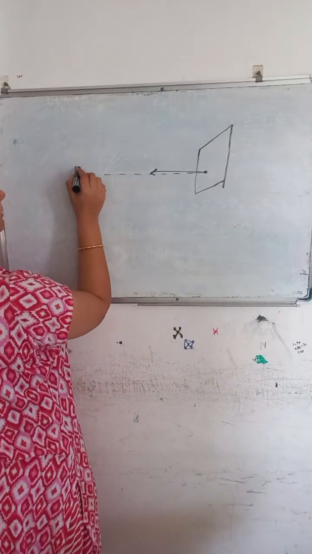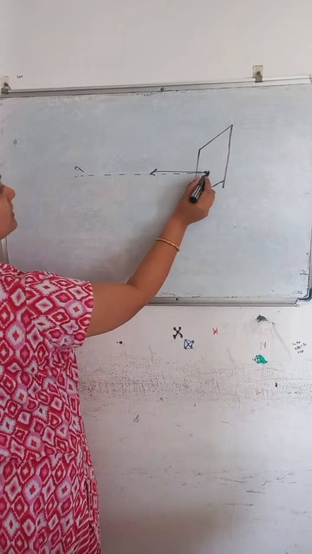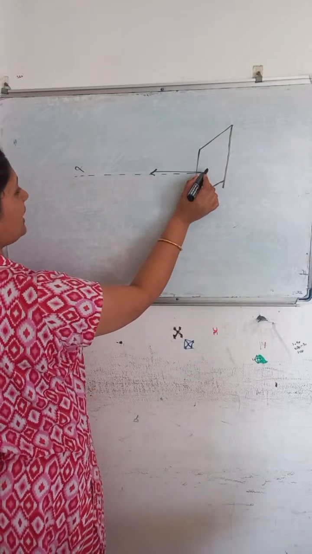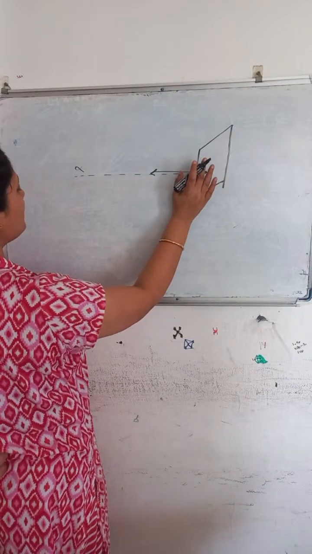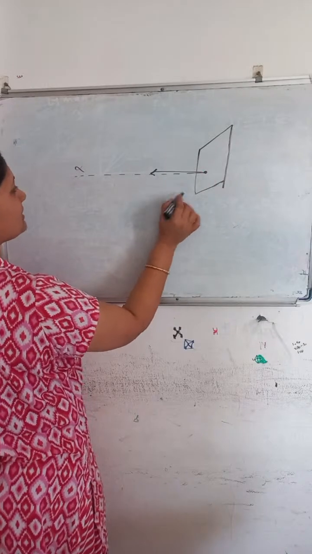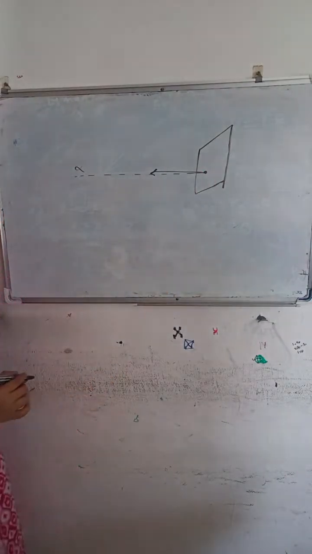Suppose the alpha particle is traveling with certain kinetic energy and it senses that heaviest part, and the total kinetic energy gets converted into potential energy, and from there it reflects back. That is known as the distance of closest approach.